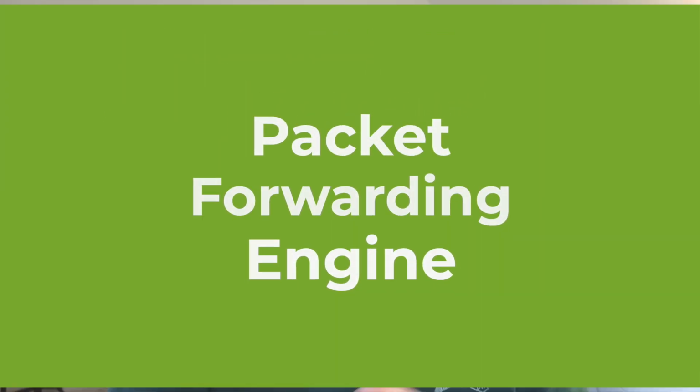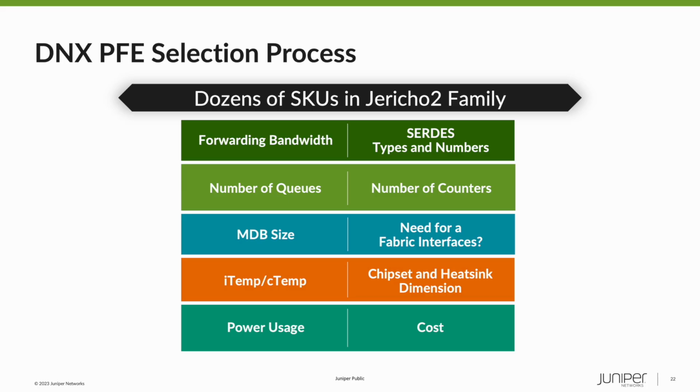Let's talk about the engine of our routers, the PFE options. For this selection process, we will need to use multiple parameters to decide which one of the 35 different SKUs offered by Broadcom is the most optimized and suitable chip.